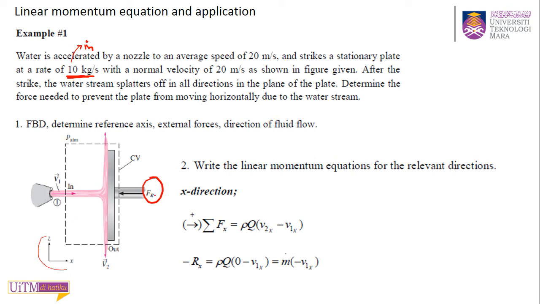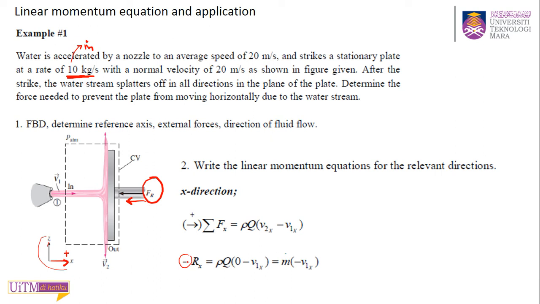In x direction you only have the FR, and this FR is, okay, again if you look here, it is negative, even though they have drawn this reference with to the right as positive. So the reaction force that they assume against this plane surface should be acting to the left hand.